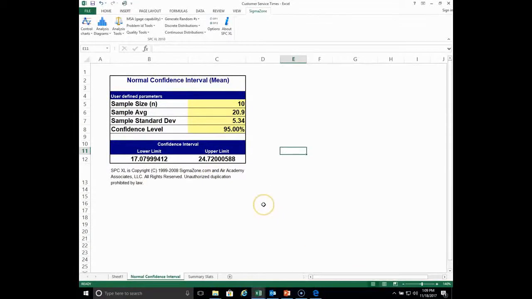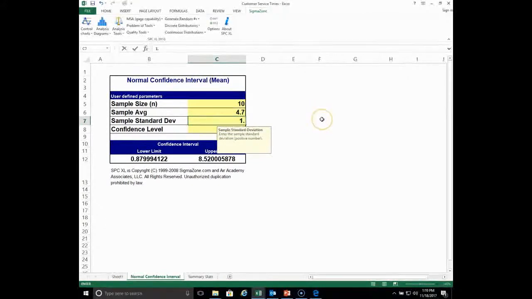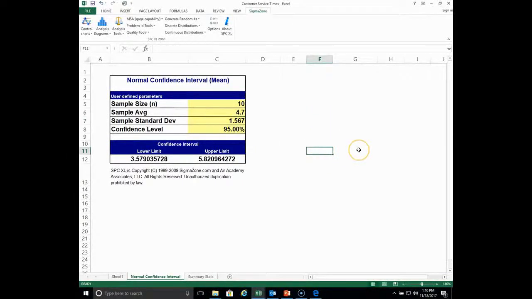Now let's go back to the little Plinko probability simulator where our sample sizes were always also 10, and the first sample we got was 4.7 average, and the standard deviation 1.567. And now a 95% confidence interval goes from 3.57 to 5.82.